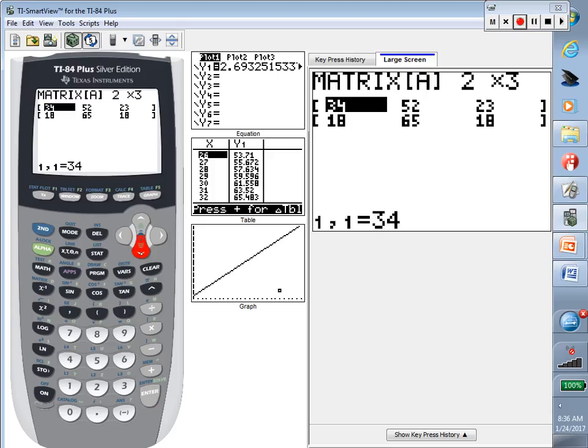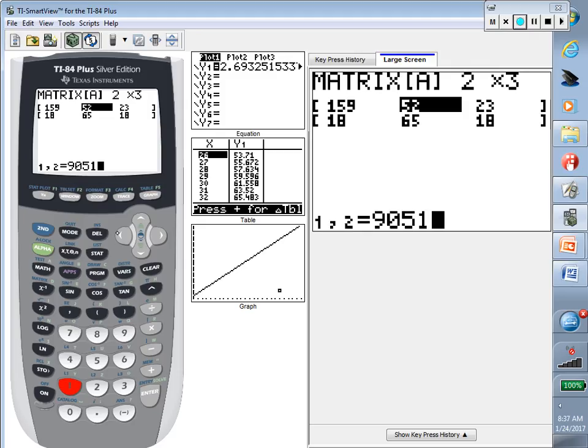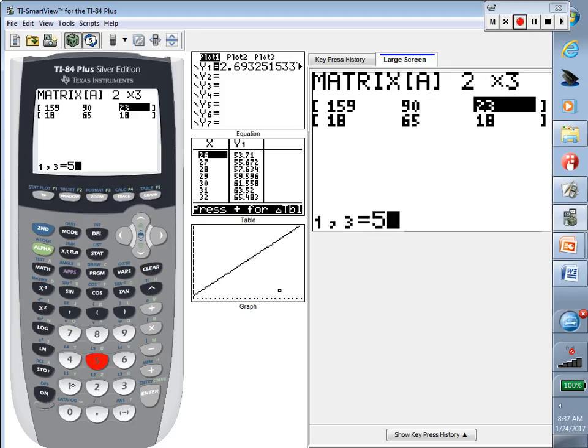So in this case, we had 159, 90, 51, 27, 42, and 31. Again, just take that extra little half second and make sure that your matrix exactly matches that table you're given of observed values.